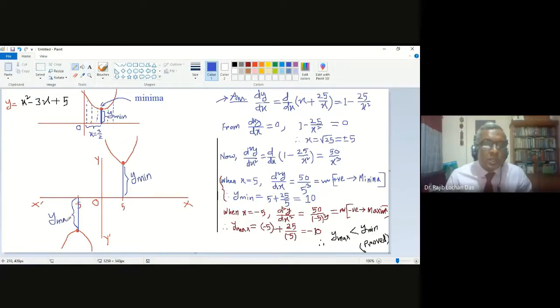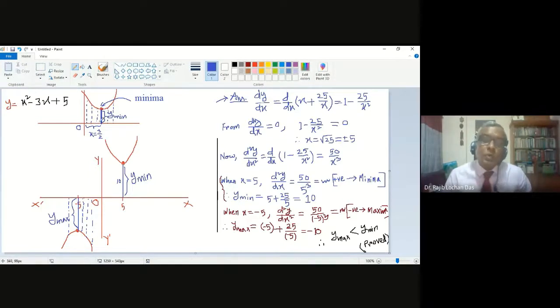Because the left side y value, right side y value, all other y values will be smaller or lower than this. Say this is minus 10. So what about the right side one? Maybe minus 11, maybe minus 12, minus 13, like that. So minus 10 is the highest, and that is why we call this maximum. And 10 is the smallest, so we call this minimum.